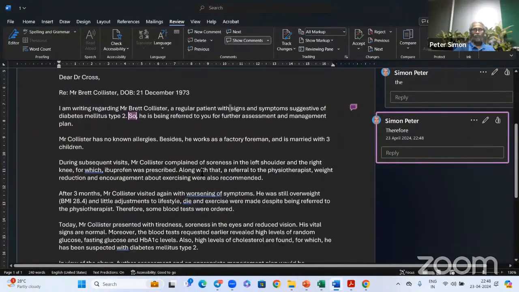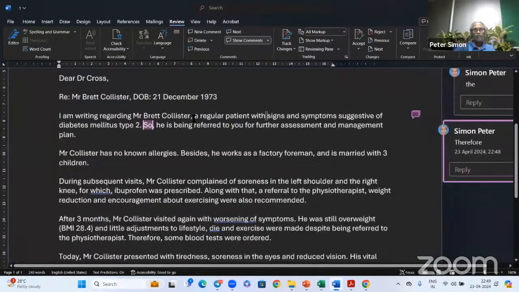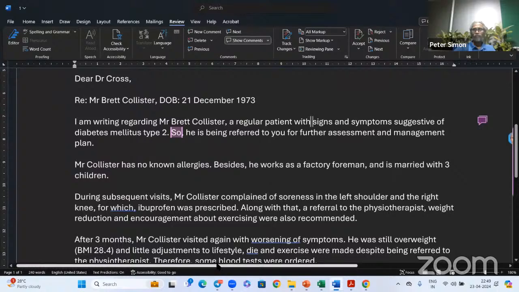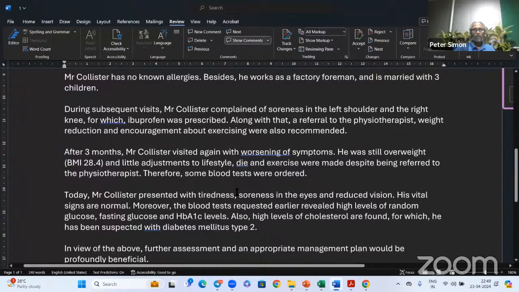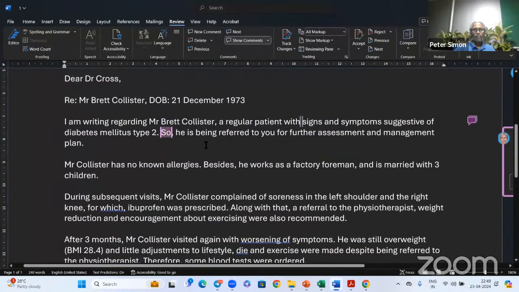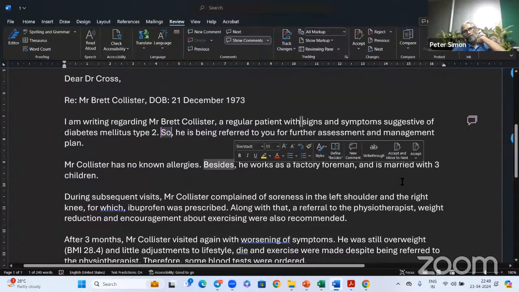You can use therefore. Then you have used besides here. Instead of besides, you could have used additionally.